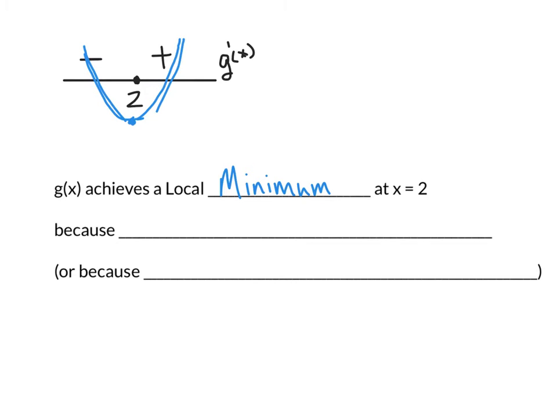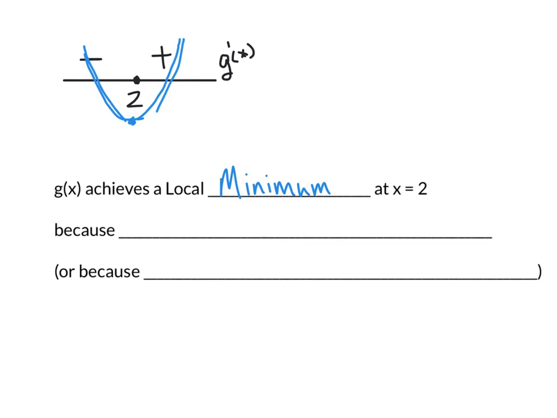Now, one of the important things that you're going to have to be able to do is explain why it's a minimum, all right? Be able to justify that reasoning. And we can do it in one of two ways. This is a sign chart for the derivative, so we could justify this minimum in terms of the derivative.